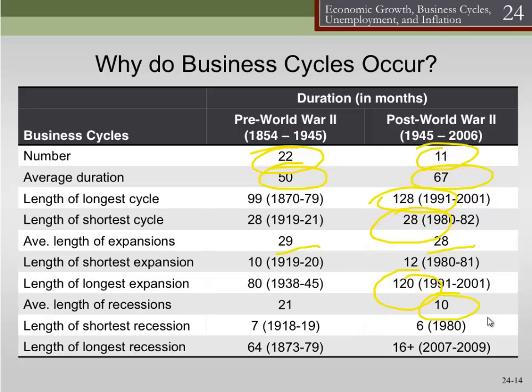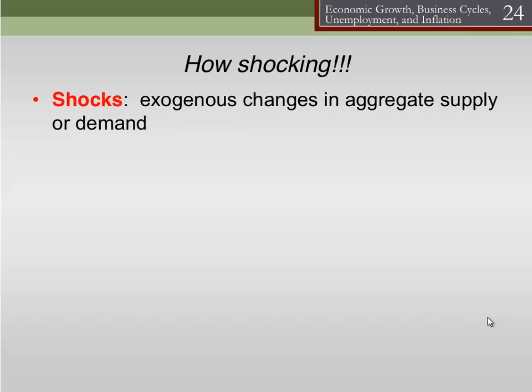Essentially, we're doing what we're trying to do: reduce the number of business cycles, reduce the severity of recessions, and increase the length of expansions. So far, it looks like that has happened. We call that the Great Moderation, but I don't know. We may have to think about that a little bit.